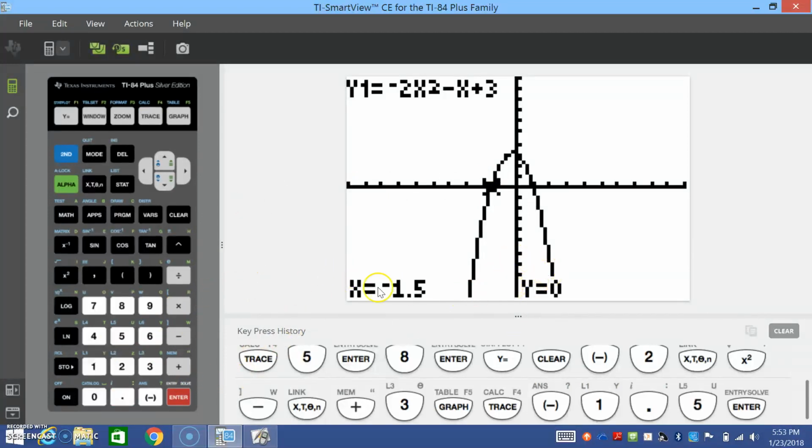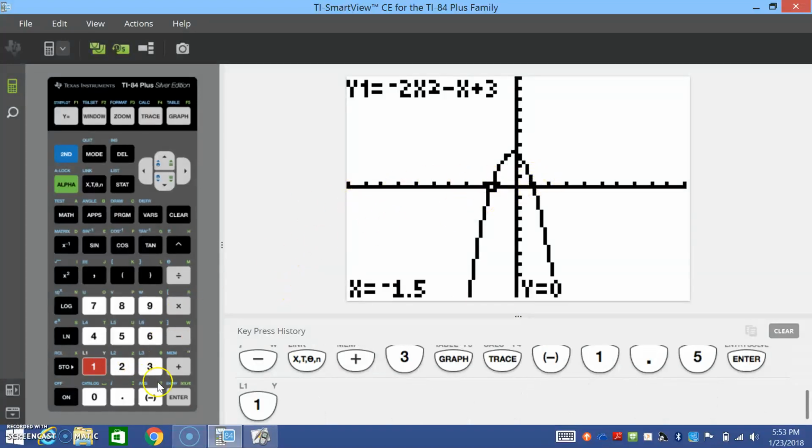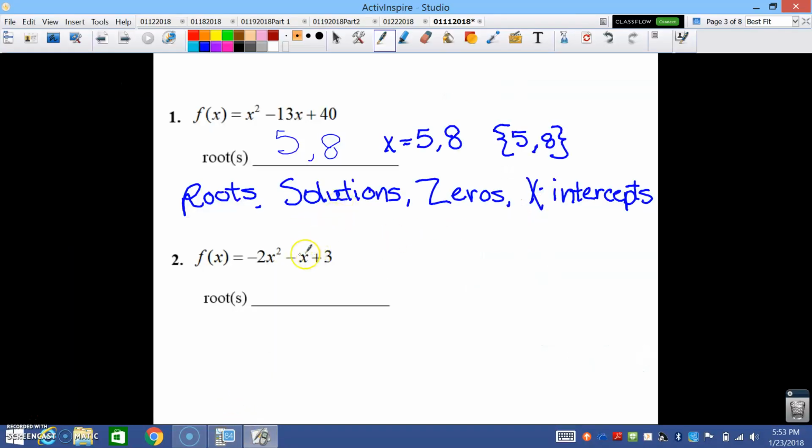Good, we get y equals 0, so that's one of them. And let me try positive 1, enter. I also get y equals 0, so good. That means our roots, solutions, zeros, x-intercepts are negative 1.5 and positive 1. Remember, it'll also look something like this: negative 1.5 and 1.